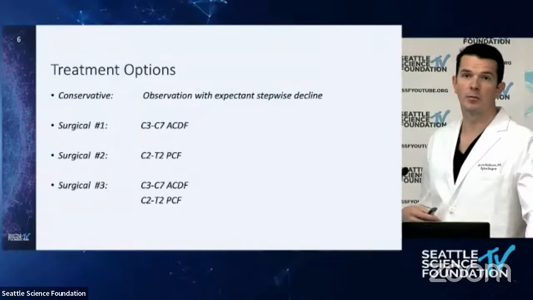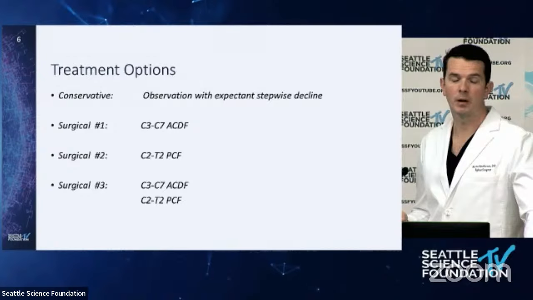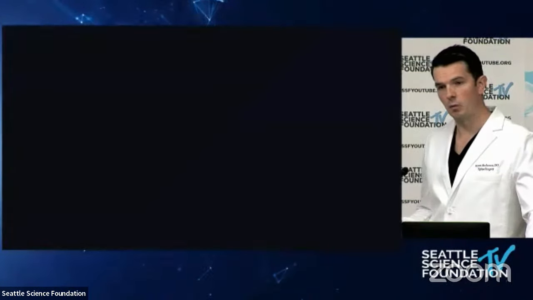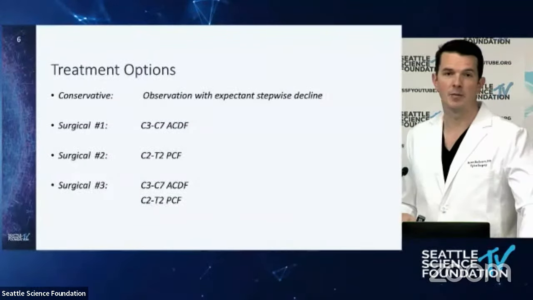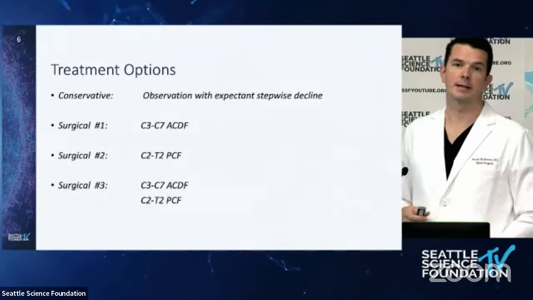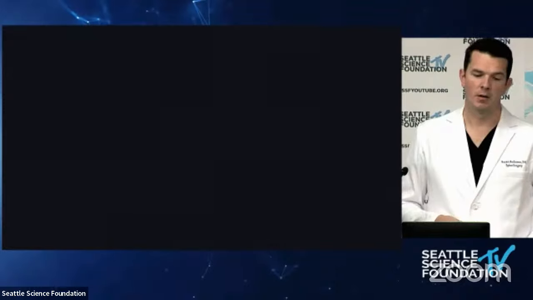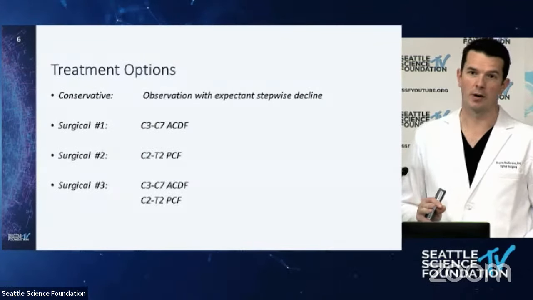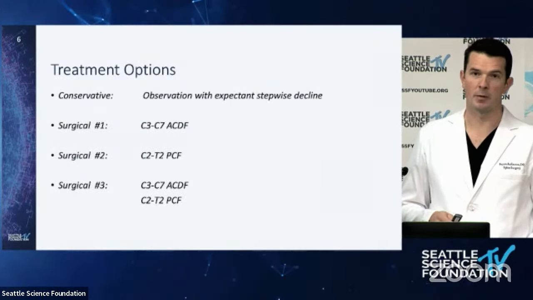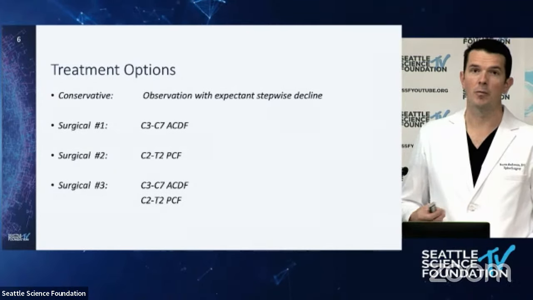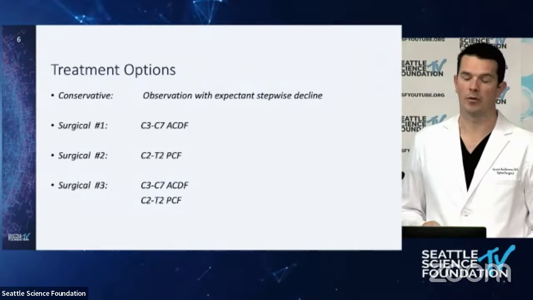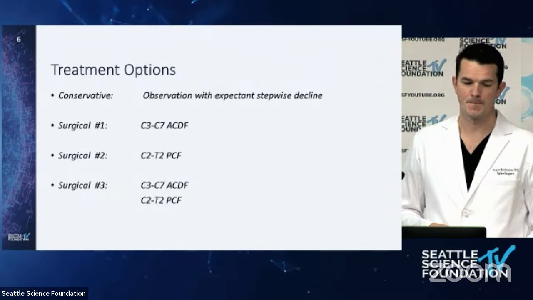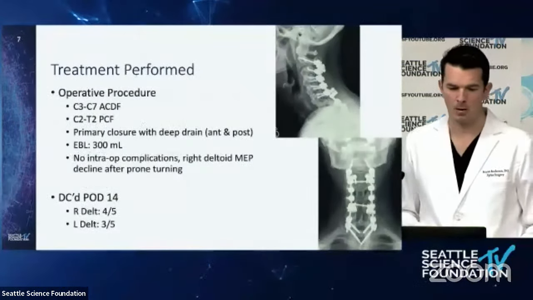We could choose to do this from the front only, in an attempt to restore her height and get somewhat of a decompression from the front. We could try to maximally correct her deformity from the back, or we could do them both. We could do them both in a stepwise approach, or we could do them both on the same day.